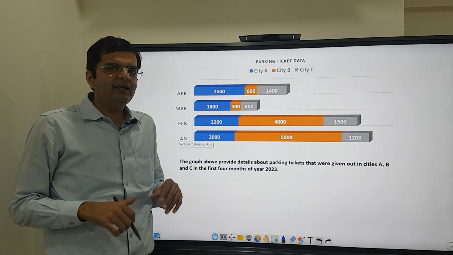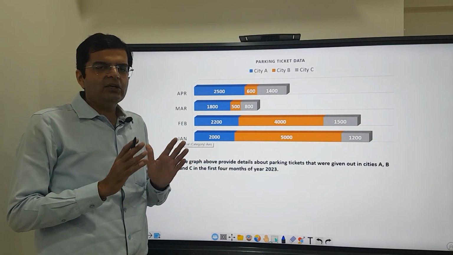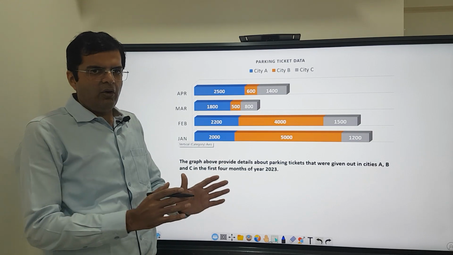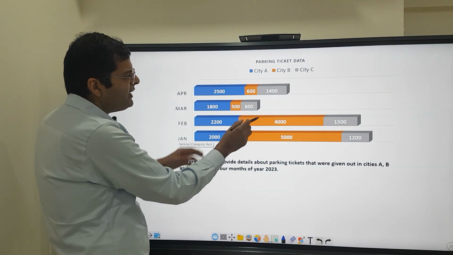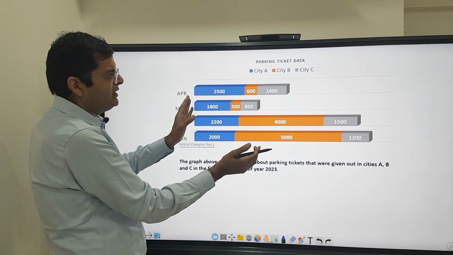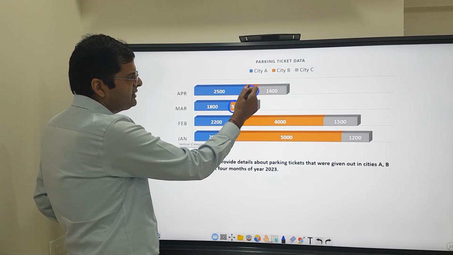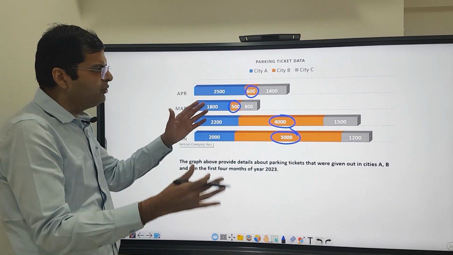But we know that when there is least standard deviation, that means more or less all the values are together, almost clustered. Now if you look at it, city B definitely will have the highest standard deviation because the deviations are very high. The number goes from 500, 600 to the other extreme, 4000, 5000. So this is a huge gap.